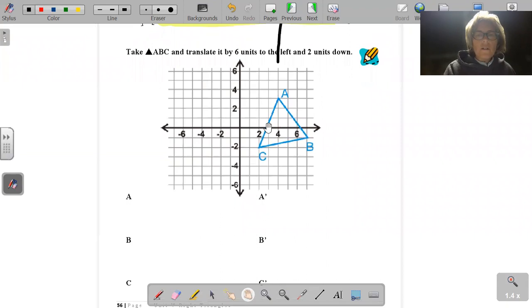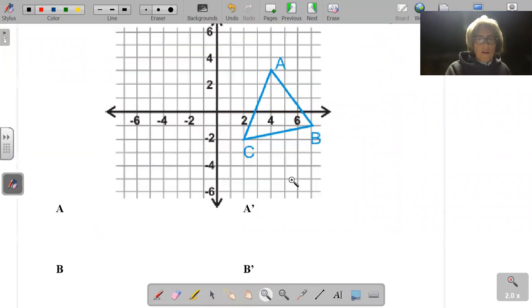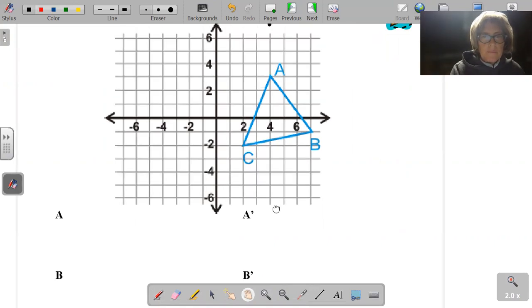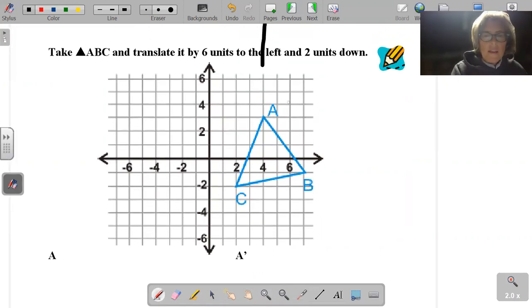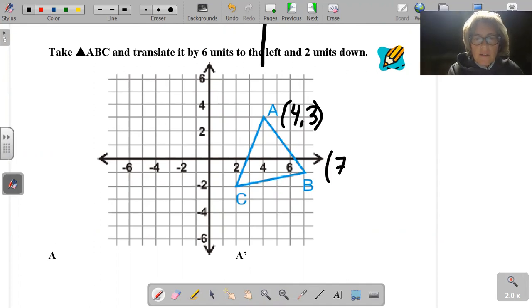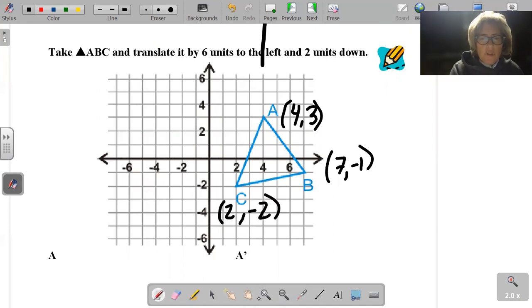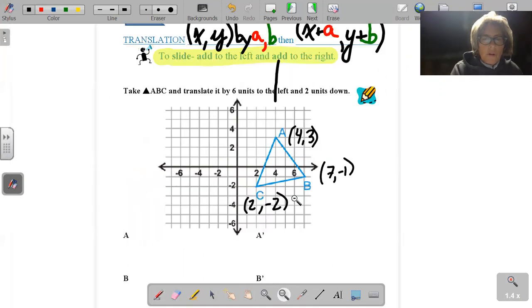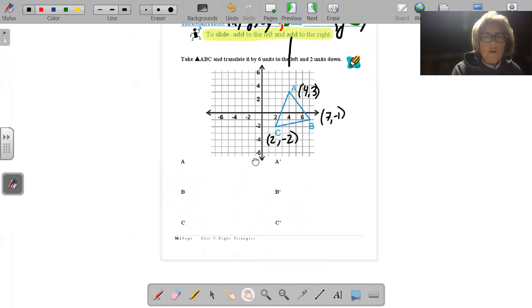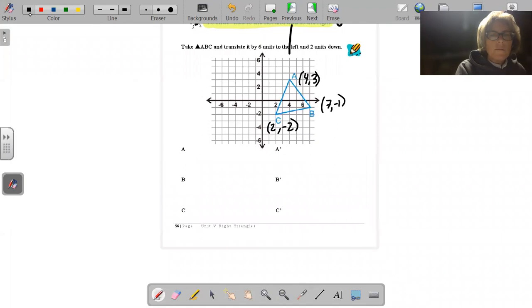So right here, we have A at (4, 3), and B is at (7, -1), and C looks like it's at (2, -2). So we're going to write down the coordinates of this triangle.